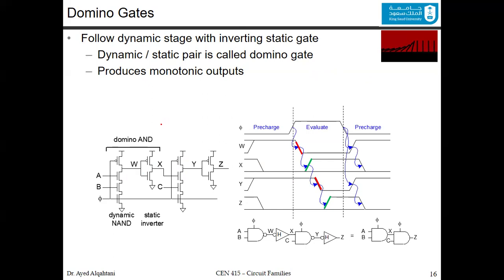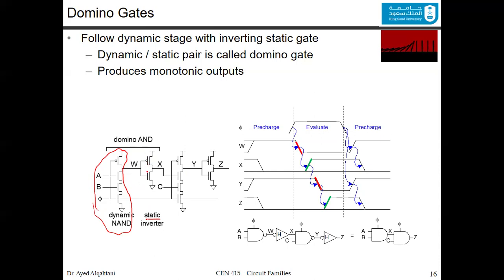So what happens with the domino gates? We simply say, okay, have a circuit, which is a dynamic circuit. In this example, we have a dynamic NAND circuit, 2 in series. And after that, you must have a static, and I emphasize more, a static inverter. It has to be a static inverter.